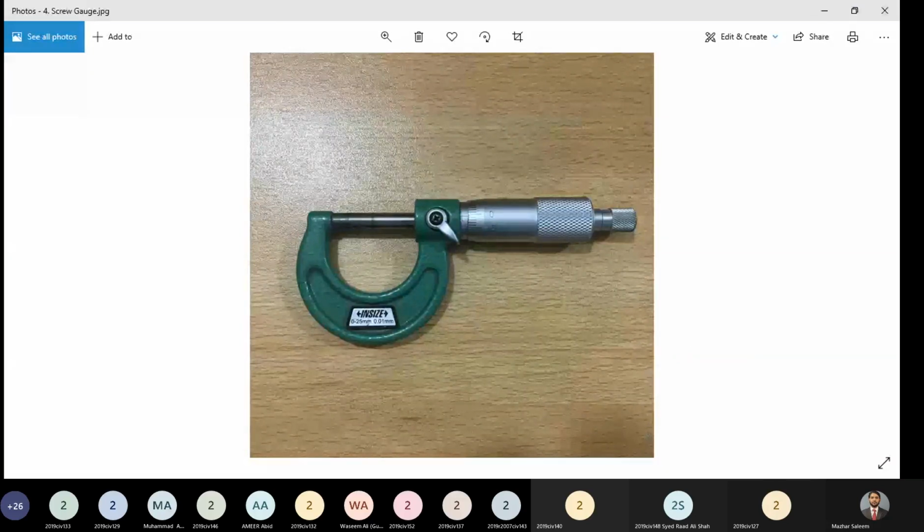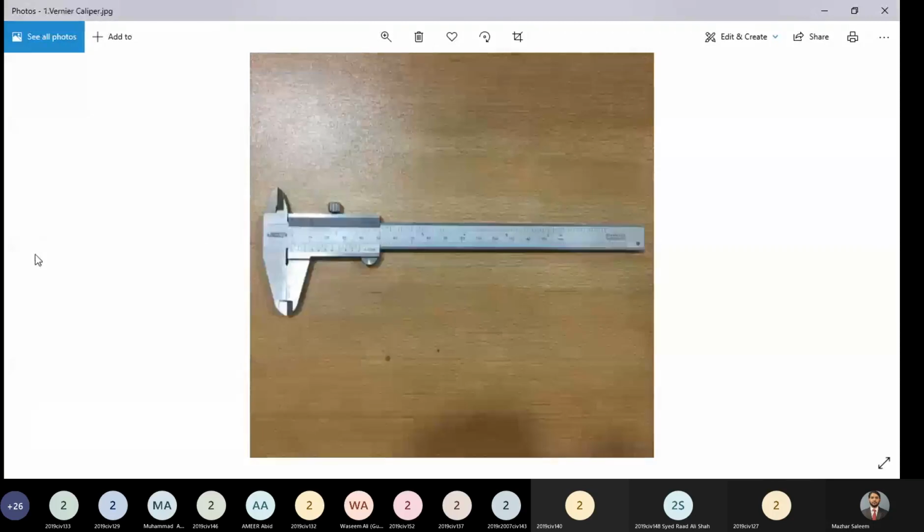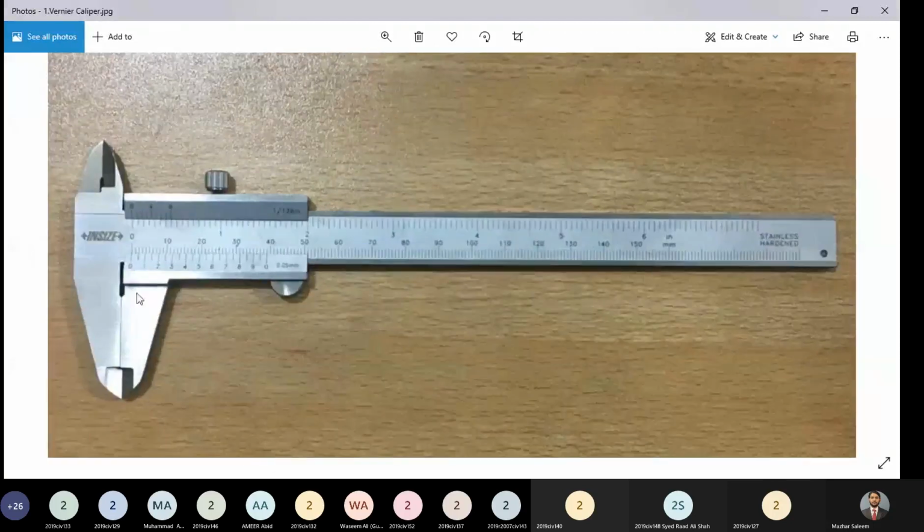Okay, zero error. In some cases, when we close the instrument, the zero of the vernier scale and the zero of the main scale are not exactly coinciding with each other. It means that there is zero error in the instrument. Whatever is the reading, considering the main scale reading and vernier scale reading, we read that.